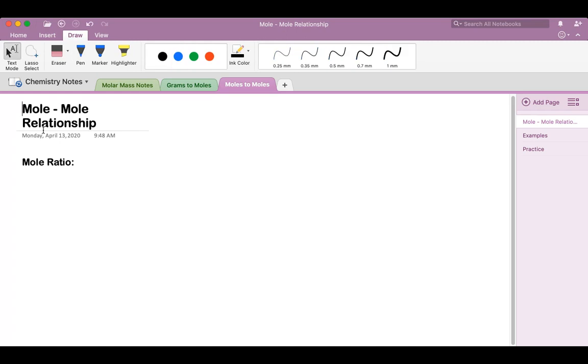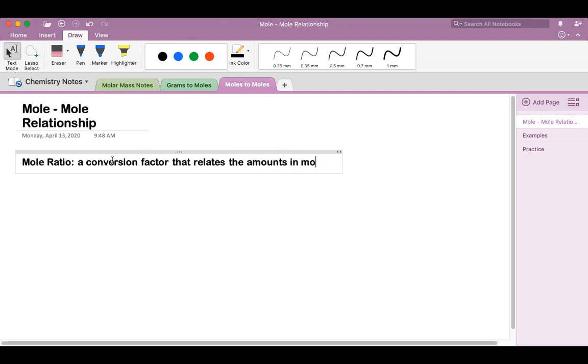Let's go over the mole-mole relationships. First thing is that the mole ratio, the definition is that it's a conversion factor that relates the amounts in moles of any two substances in a chemical reaction.